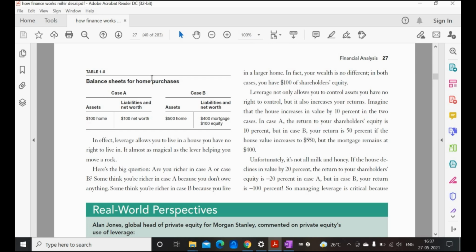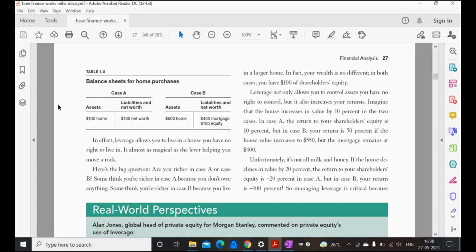Now see, this is a balance sheet given, but there are two cases. Case A is when you have $100 in your pocket and you buy a house worth $100 only. And the second case is you have $100 in your pocket, but you want to purchase a $500 home, so you borrow the rest, $400, right?